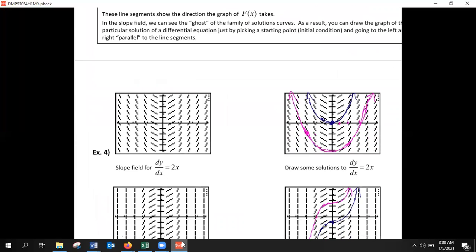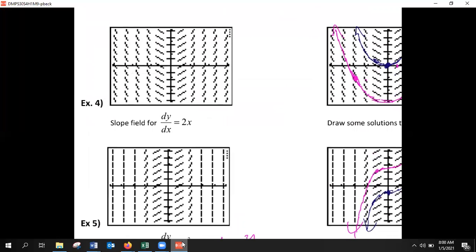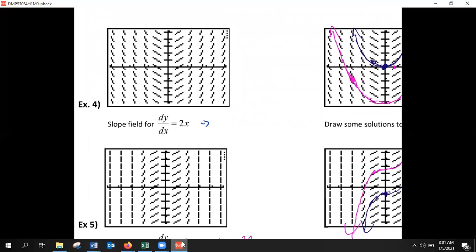So I have a couple already drawn in here, and then we're going to draw some in specifically. This one is our slope field for dy/dx equals 2x. Now, if we go ahead and solve this differential equation, which we're not going to be doing a whole lot of just yet, to solve this, we use what's called the separation of variables method.